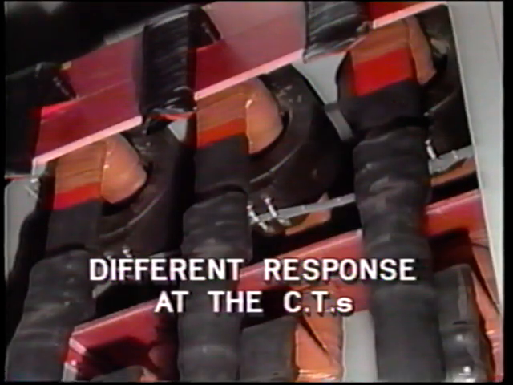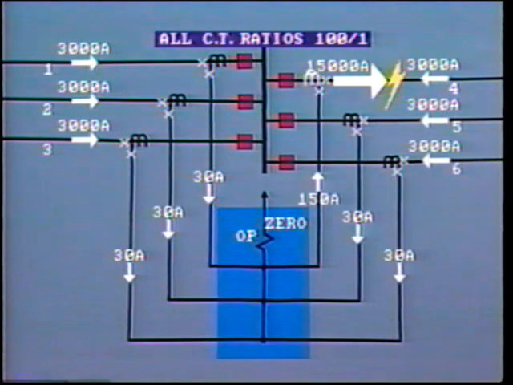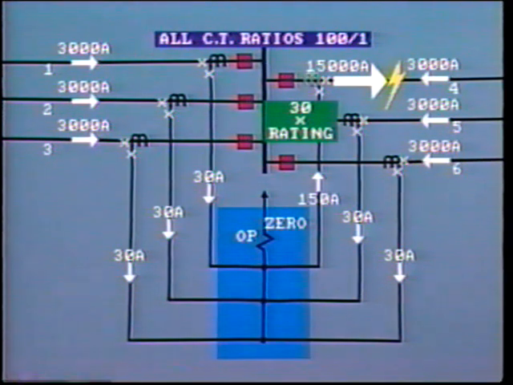The problem lies with the different response by the CTs to the widely different current values. The level of current in this CT on the faulty line is 30 times its rating, so it is way over its saturation limit.